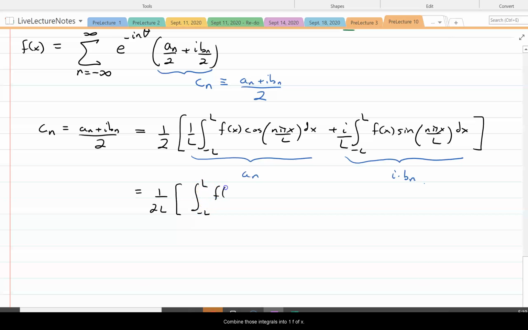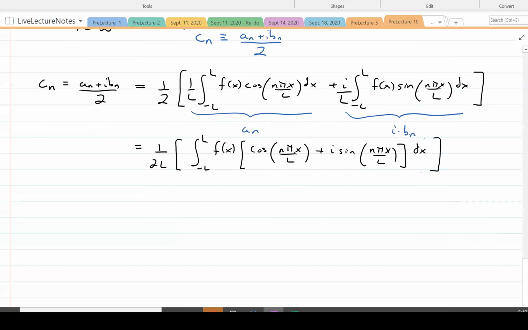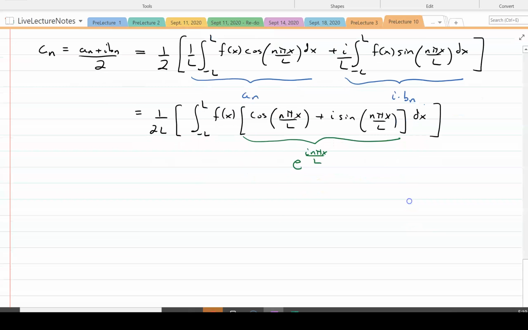Combine those integrals into one. F of x cosine n pi x over L plus I sine n pi x over L dx. But this whole thing is Euler's formula, e to the I n pi x over L. So we have a simple formula for Cn, 1 over 2L, integral from minus L to L, f of x, e to the I n pi x over L dx.